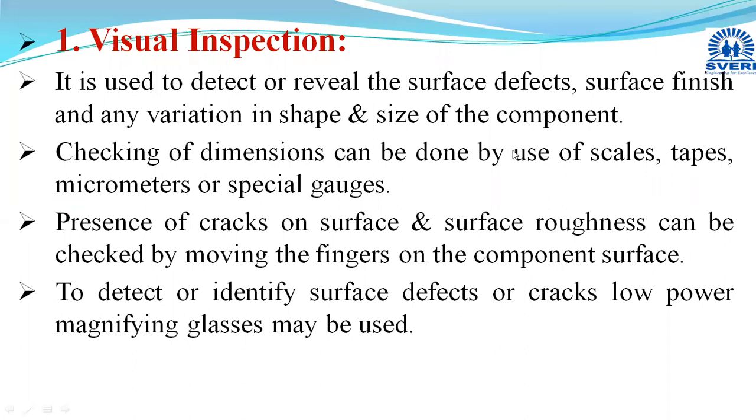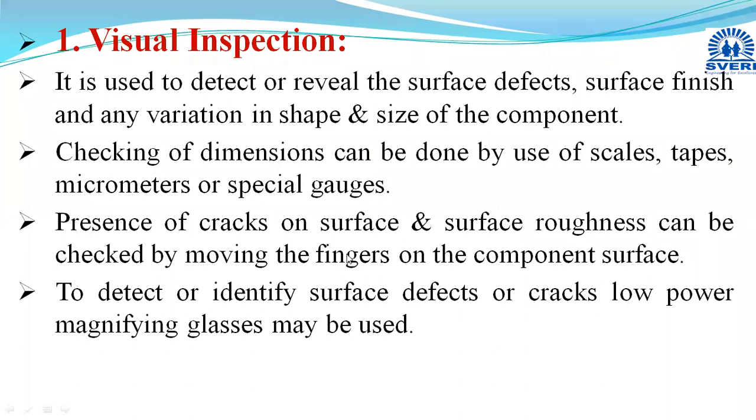Then here we are examining the surface finish, whether the surface finish is rough or fine, and we are checking the component for its shape and size. This will be termed as visual inspection. We are checking whether any kind of visible surface defects are there, then its surface finish, and we are examining the shape and size of the component, whether it is as per our requirement.